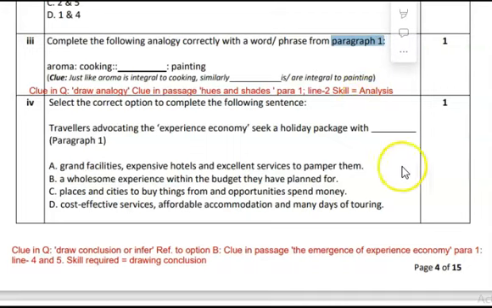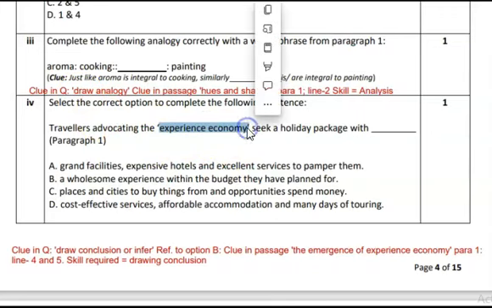Now look at question number 4. Select the correct option to complete the following sentence. Travelers advocating the experience economy seek a holiday package with... So already this phrase is giving you the broader hint. Experience economy means what? You spend as much as you can and then you enjoy a lot.